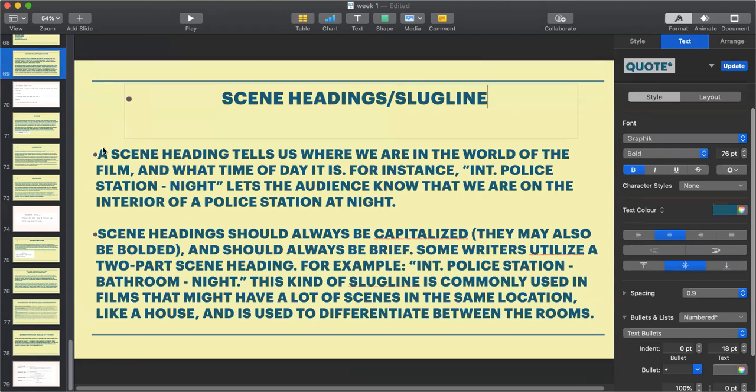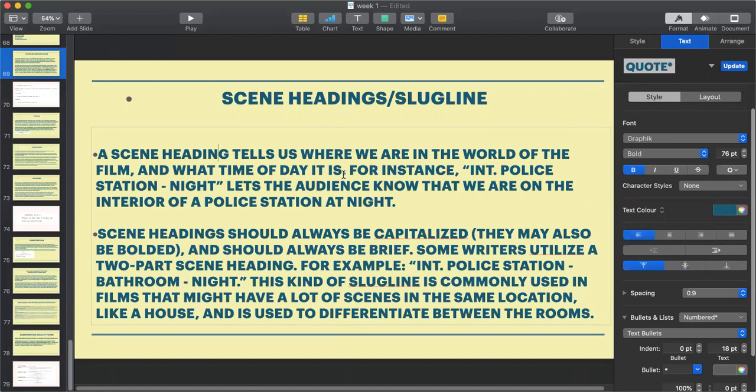Now a scene heading tells us where we are in the world of the film. Okay. And what time of day it is. Right? The first thing that you show in a film is the location and the time. It's a city during the daytime. It's a room during the nighttime.